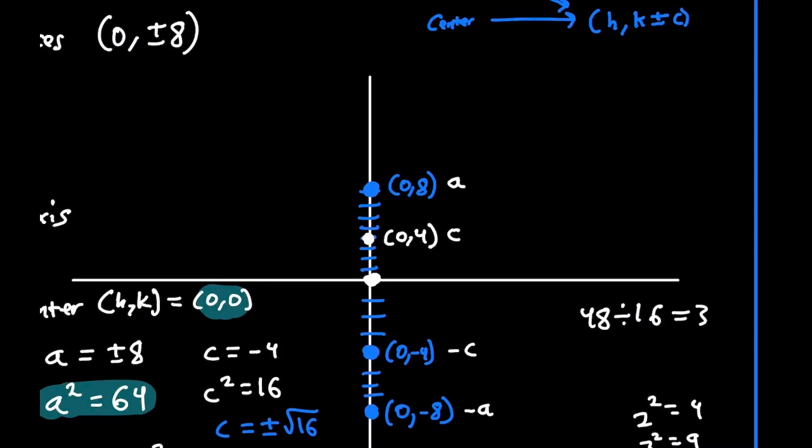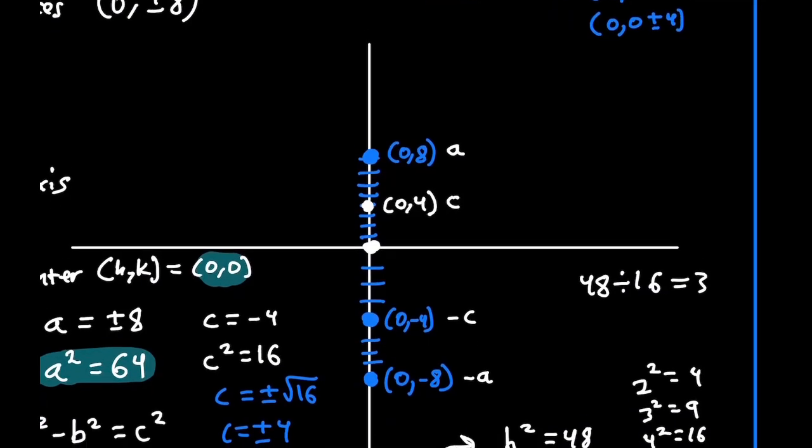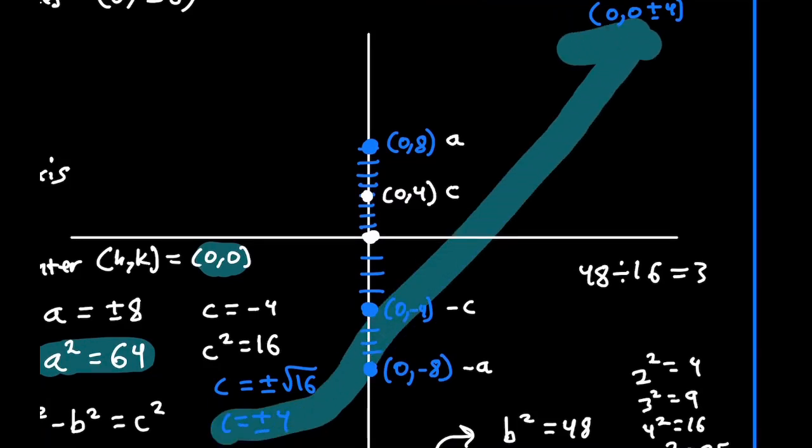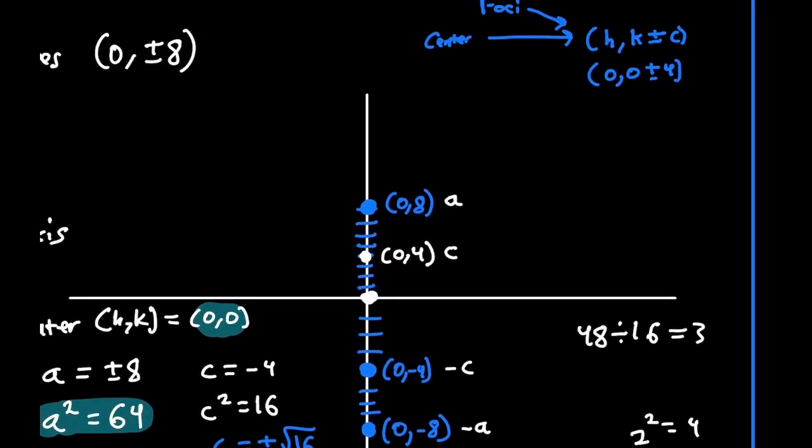And so that would be, because these are both 0, 0, you'd say that you have 0 plus or minus 4, which we just found to be c, right over here. Okay. And then that simplifies a little more. You can just say instead of 0 plus or minus 4, you can just say it's plus or minus 4.